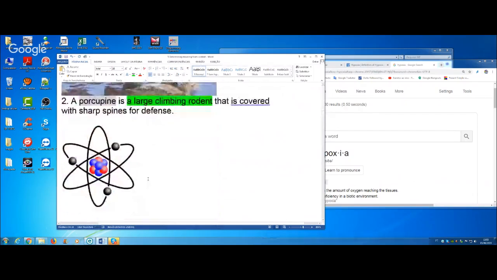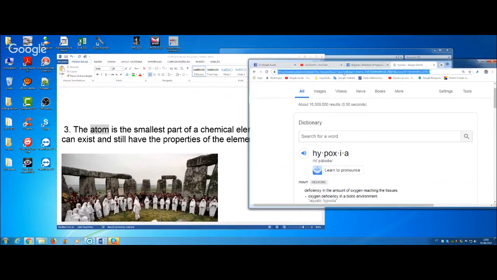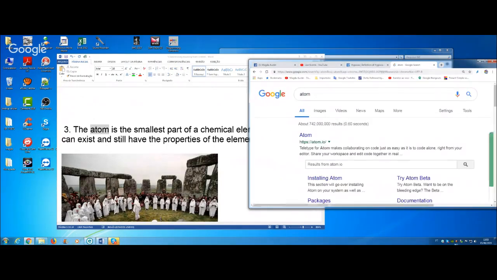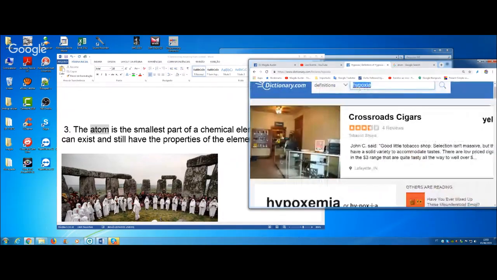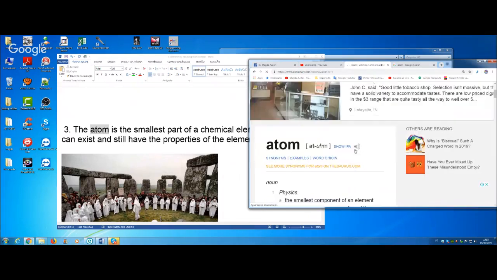Number three, the atom. Is this how you say this word? I think it's atom. Atom. Science words can be a little tricky.